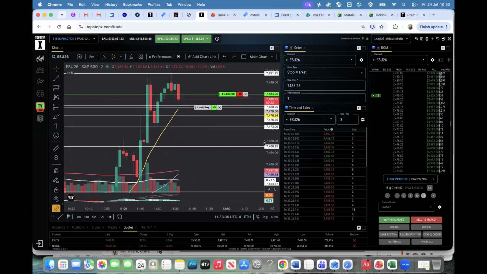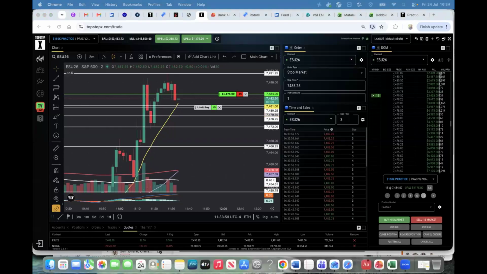I think it will touch it. Let me look on the 1 minute on this side. Yeah, I think we'll touch it. The next candle should touch it. The next candle should take us down.